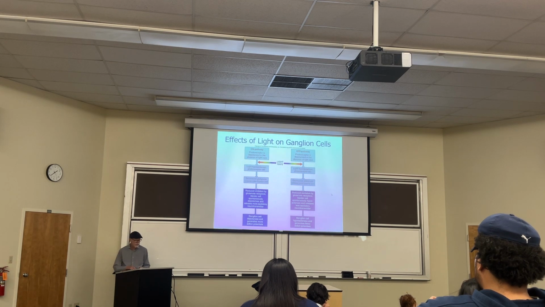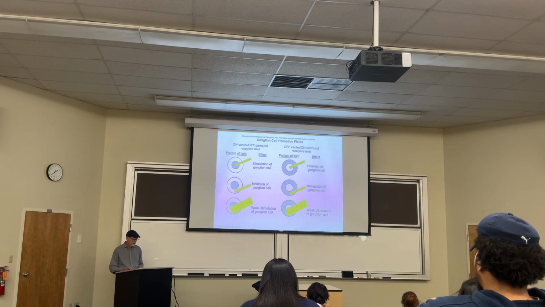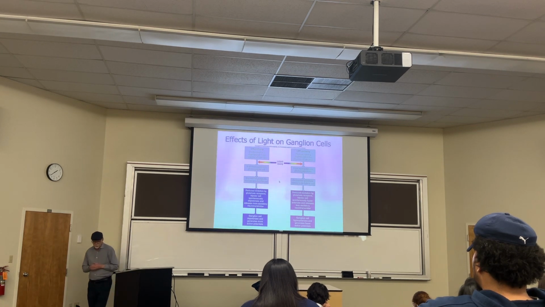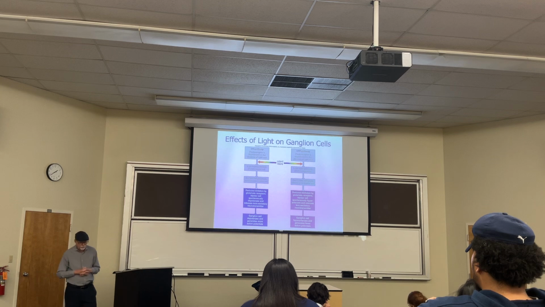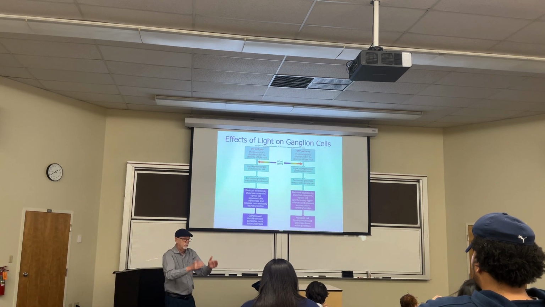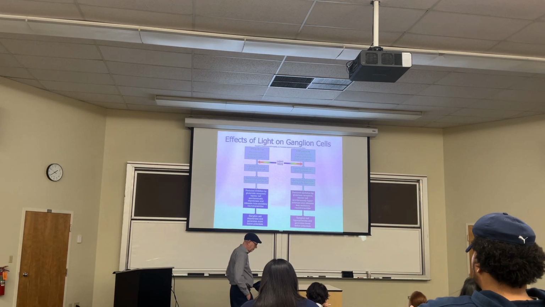Now we're back a bit to these pathways, on and off pathways. We have light hitting in different patterns on the retina, and you have on and off pathways when you consider your ganglion cells, how the pathway of the photoreceptor to the bipolar cell to the ganglion cell reacts.